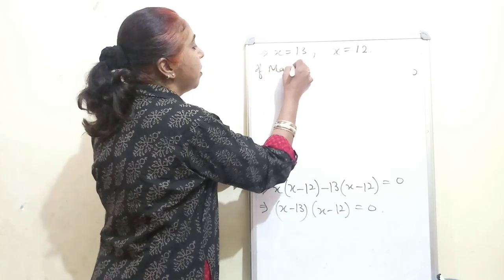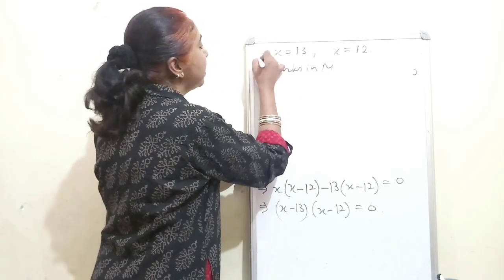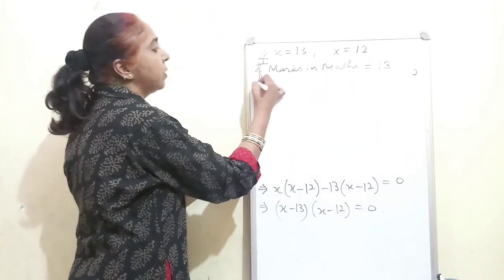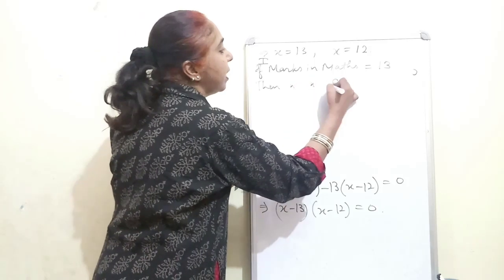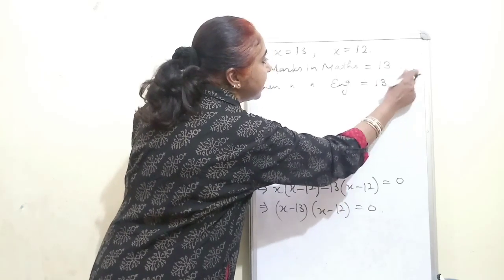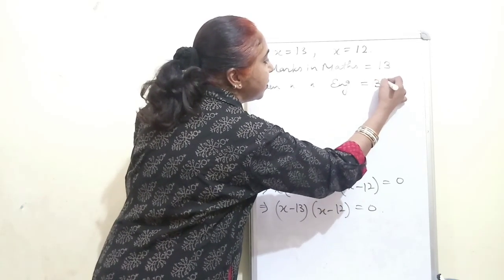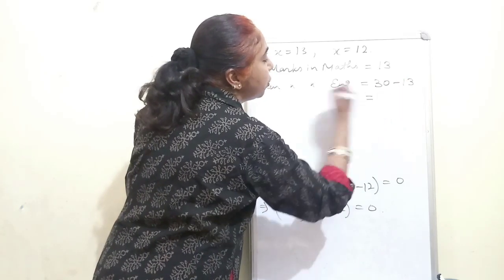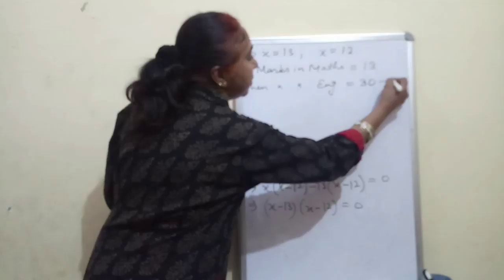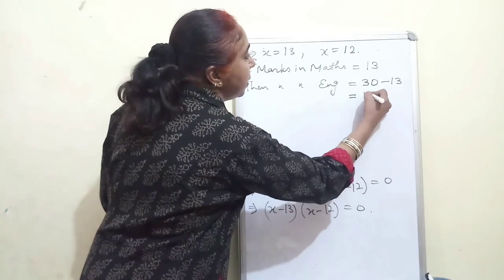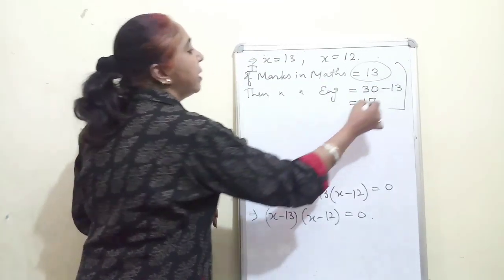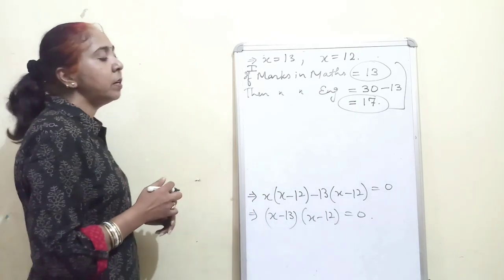This is the first case. If marks in maths are 13, then marks in English are 30 minus x, that means 30 minus 13, and that will be 17. So this is the first case. If marks in maths are 13, then marks of English are 17.